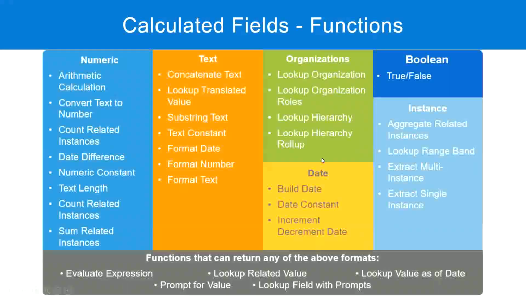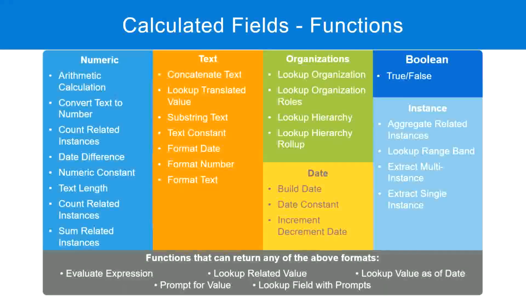So here is the list of all the functions that we have in Workday. They are grouped together in terms of the output that they are going to create. So what are these doing? They are converting. Each of these calculations is going to be a number, right?